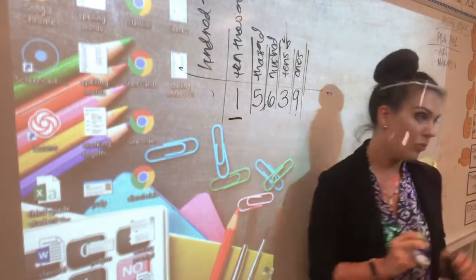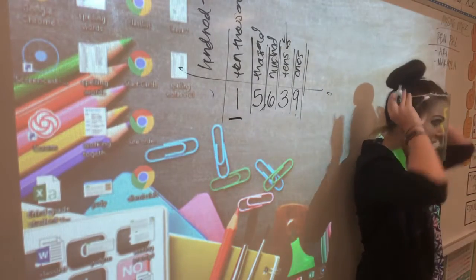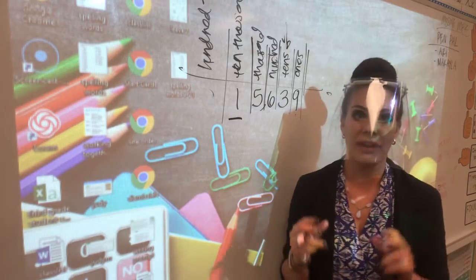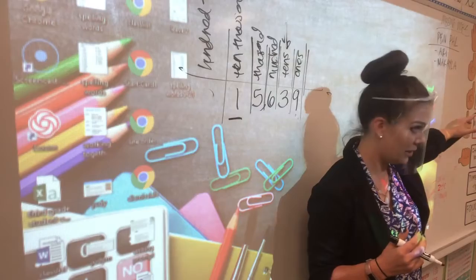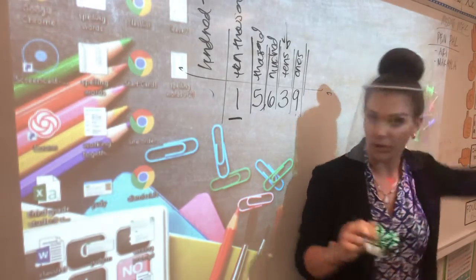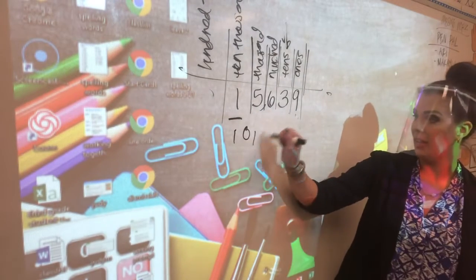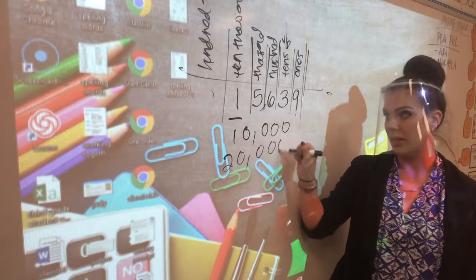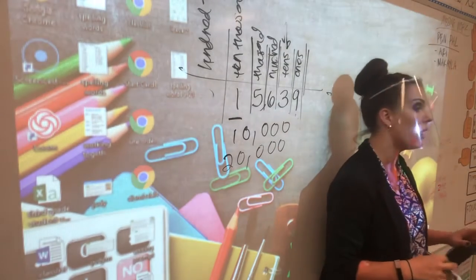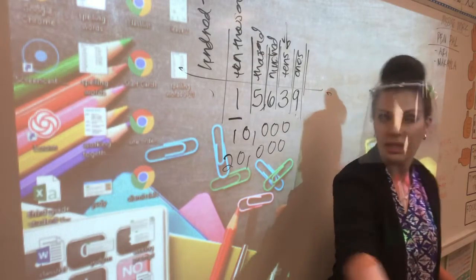So if I'm going to round to the nearest 10,000, when you round, everything that is behind that place value becomes a 0. So it's either going to be 10,000 or it's going to be 20,000. You don't round to 15 or 16,000.